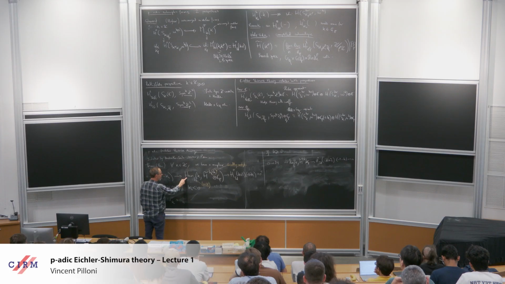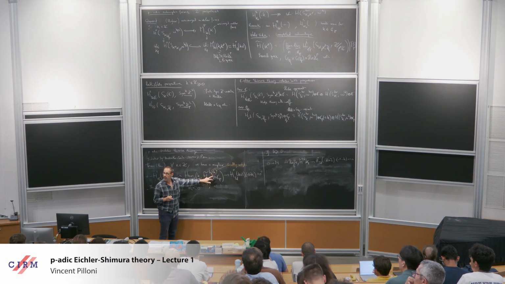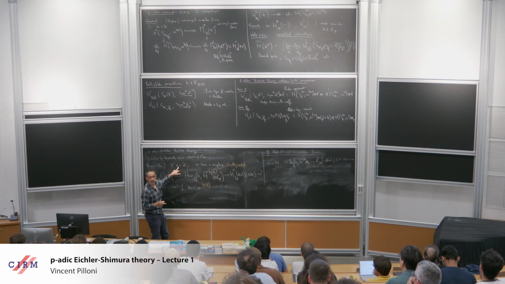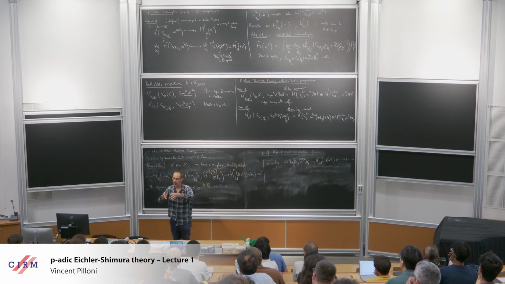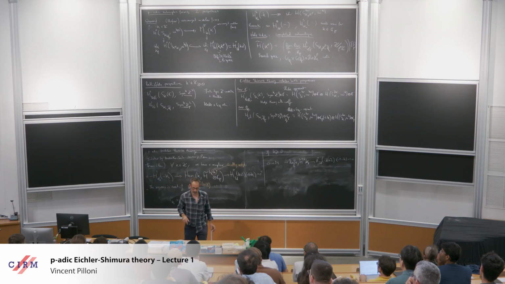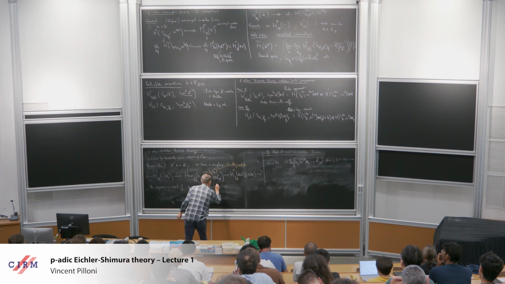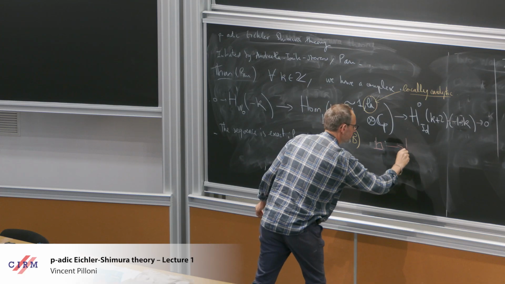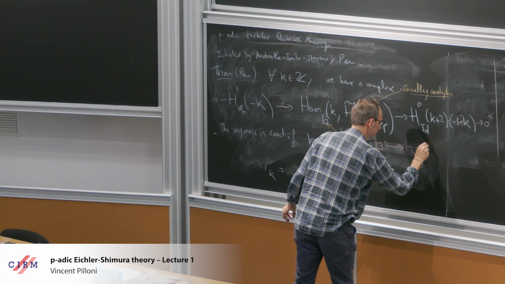So I only said it with words. So I take the locally analytic vectors. k is an integer, and so I can think of k as a character of the Borel, right? Because I project the Borel to the Cartan. Okay, I'm cheating a bit between GL2 and SL2, but this is usual. Let me write it. So I have B, which surjects onto H. Okay, and H is really, I mean, this is G_a if you want.